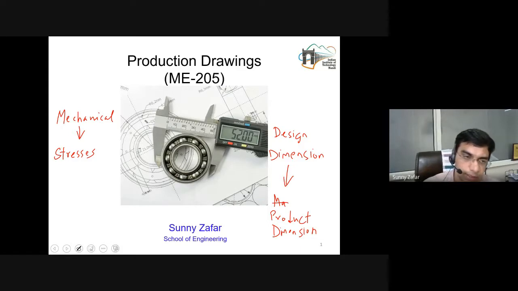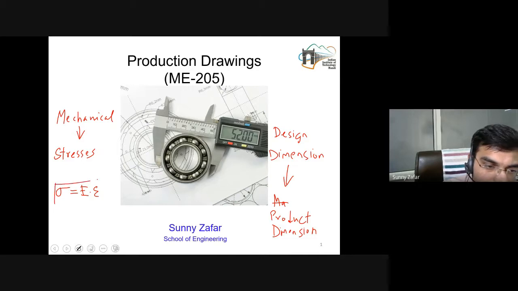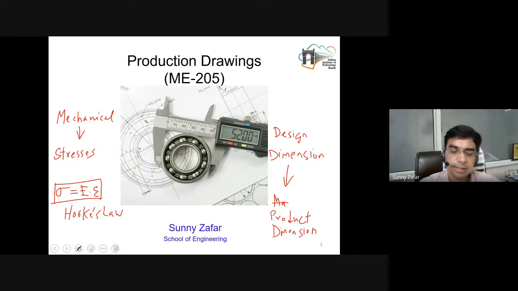Talking about it in a very simple way, whatever stresses are generated in the elastic limit are taken care of by this very famous relation. You might have also read it earlier in high school. It's known as Hooke's law. It means the stress induced in the material is directly proportional to the externally applied strain within the elastic limit.